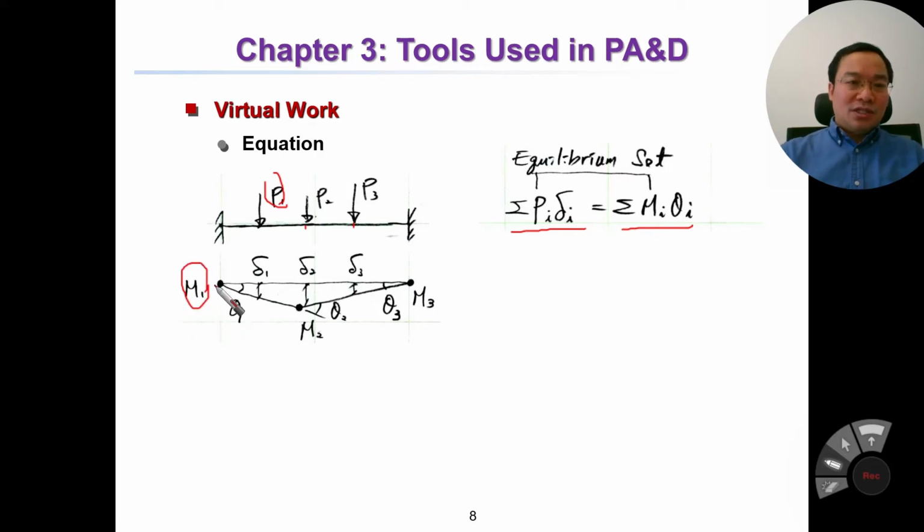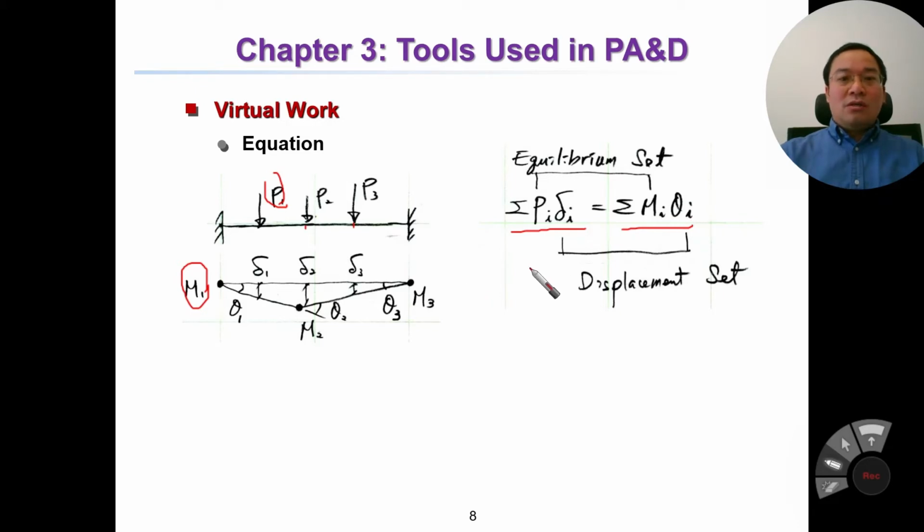And the set of displacements or rotations is called the displacement set. So all of the deflections, displacements, or rotations are called the displacement set.